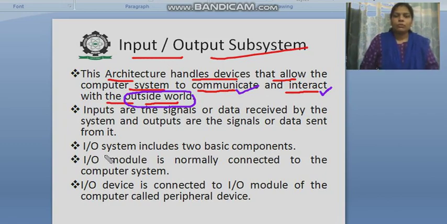Okay, it is mentioned here that it contains basically two units. One is the I/O module, input output module, and second is a device to process that module to get these two tasks done. Inputs are the signals or data received by the system, and outputs are the signals or data sent from it.